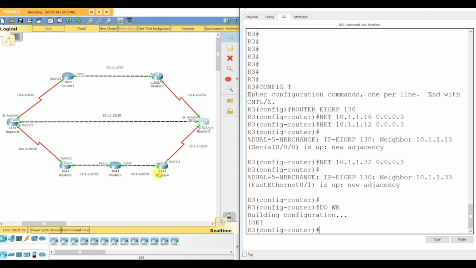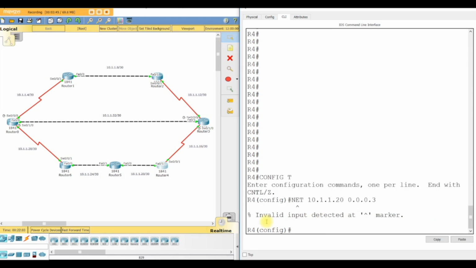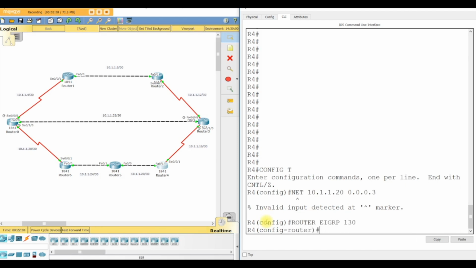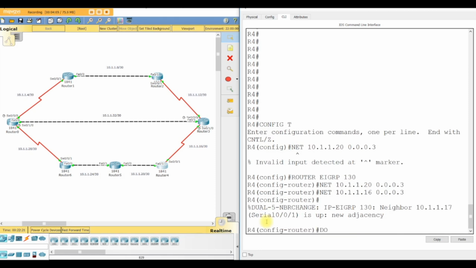All right, let's go to router 4. Config t. Well, how about doing router EIGRP 130 first. Net 10.1.1.20 0.0.0.3, and then 10.1.1.16 0.0.0.3. All right, do WR.